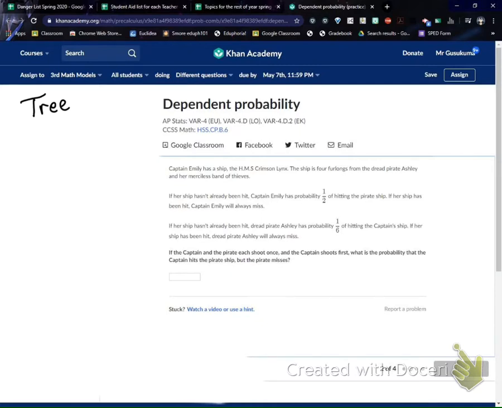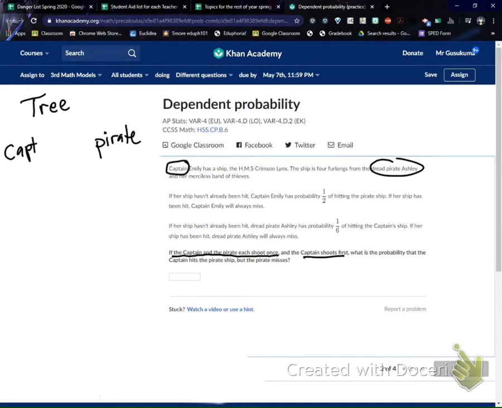So we're back with the captain and the pirate. So we've got a captain and a pirate again. And that means that if they're having a shootout, one of them has to go first. So this says if the captain and the pirate each shoot once, so we're going to have one shot for each one, and the captain shoots first, what's the probability the captain hits the pirate ship, but the pirate ship misses?